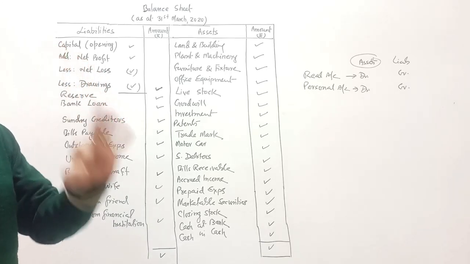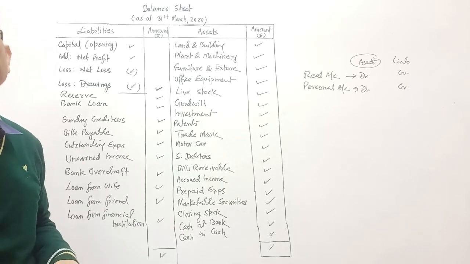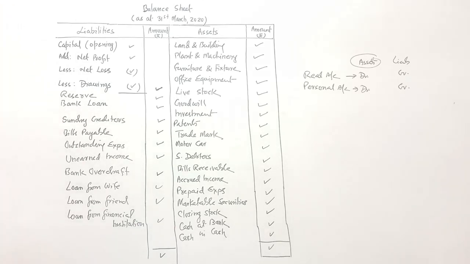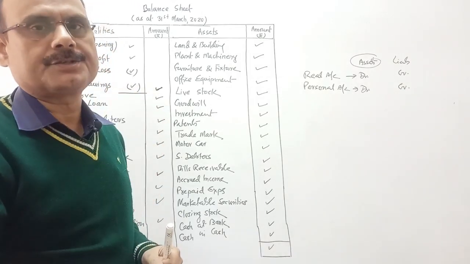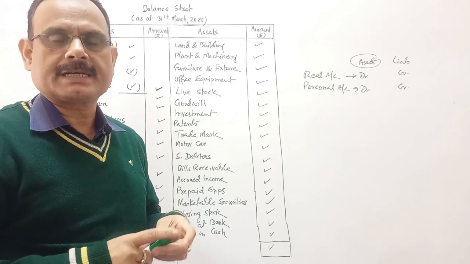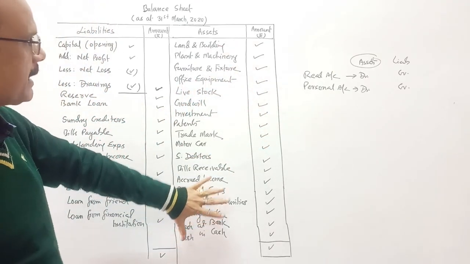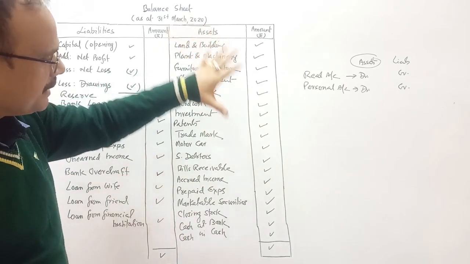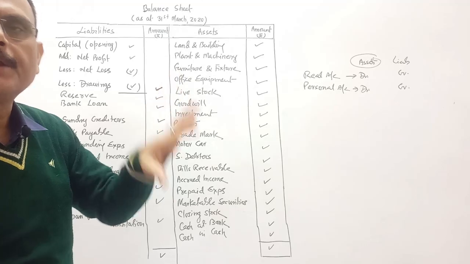We want to know the net worth of the business. Is it clear? So balance sheet may be presented in order of liquidity and in order of permanency. Balance sheet may be presented in order of liquidity. Suppose liquid assets, current assets are at top and fixed assets are at a bottom, then it is a presentation in form of liquidity.